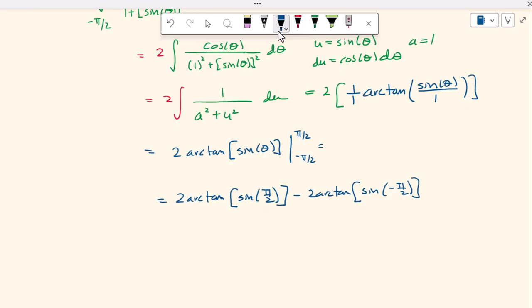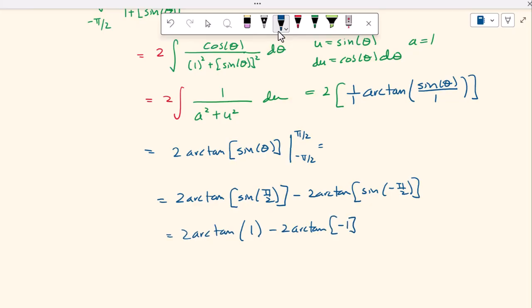Okay, so let's write this out. We know the sine of pi over 2 because we know our unit circle. The sine of pi over 2 is 1. We know from our unit circle the sine of negative pi over 2 is negative 1.